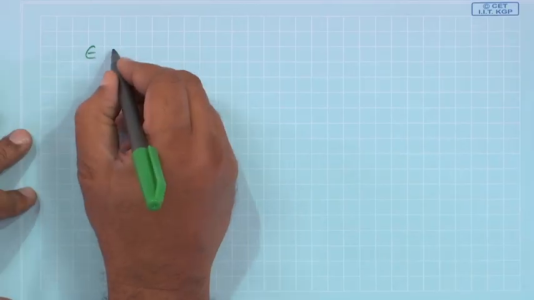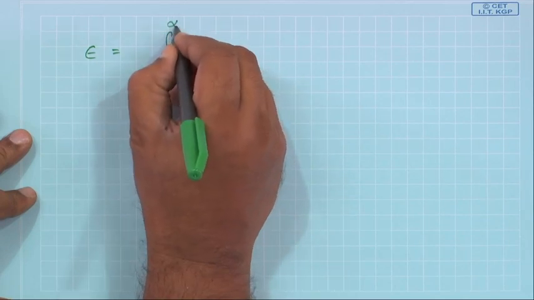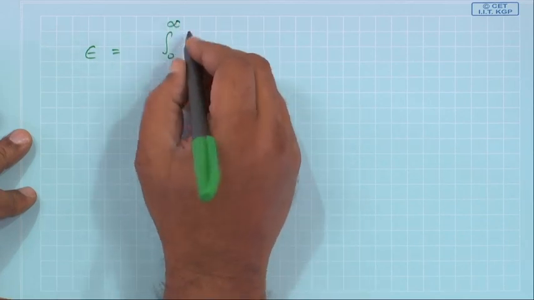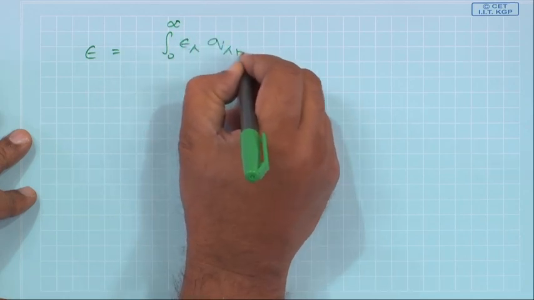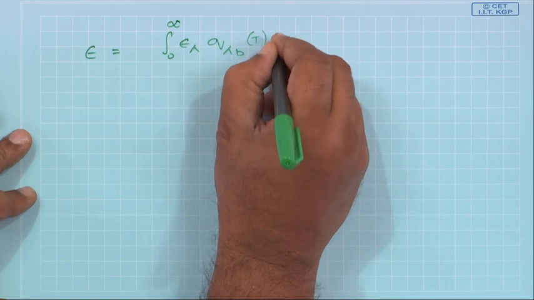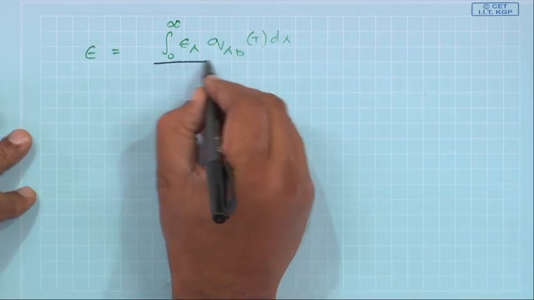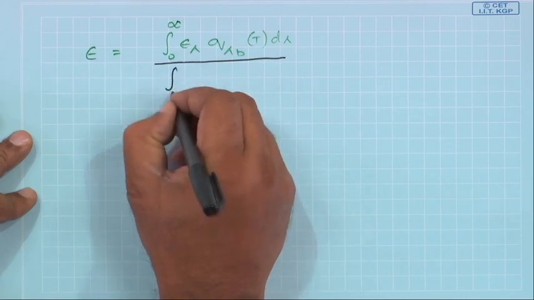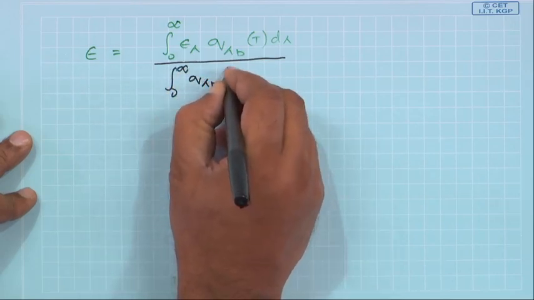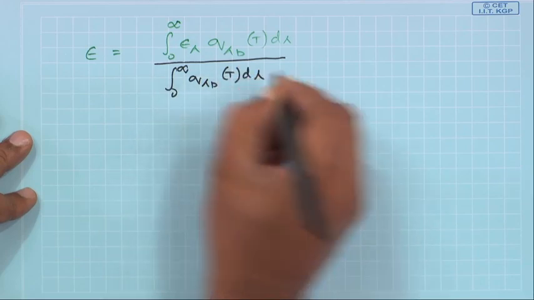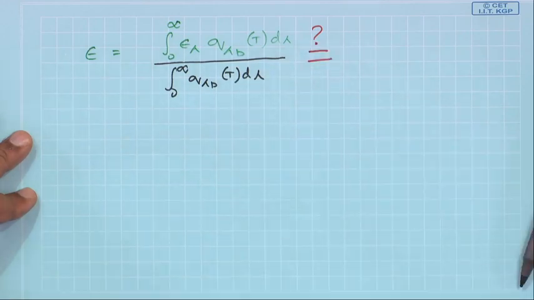The overall emissivity is, from the spectral one, the integral from 0 to infinity of epsilon lambda q lambda b T d lambda, divided by the integral from 0 to infinity of q lambda b T d lambda. Are they going to be equal? That is the question mark.